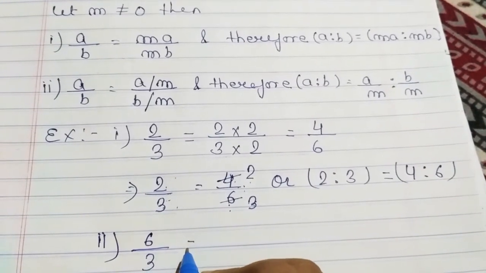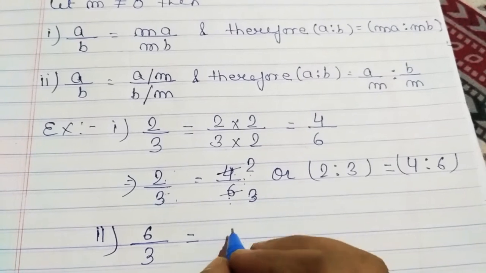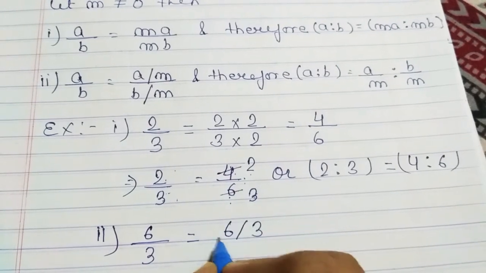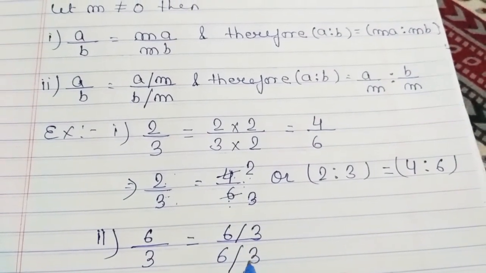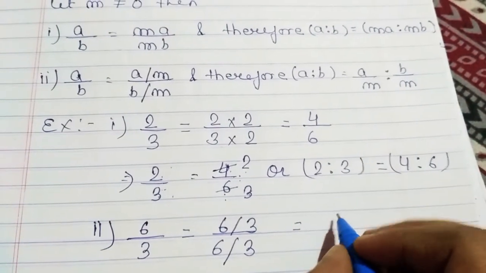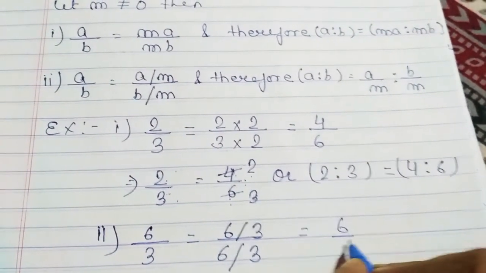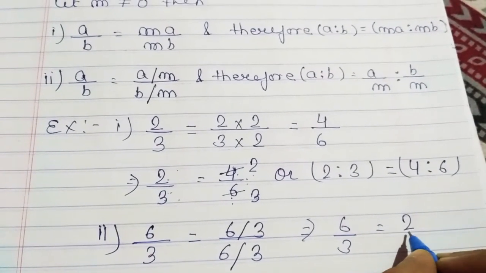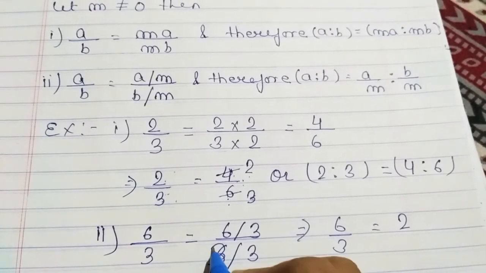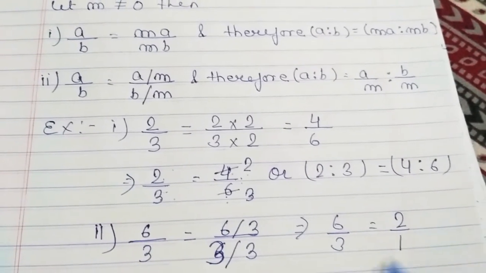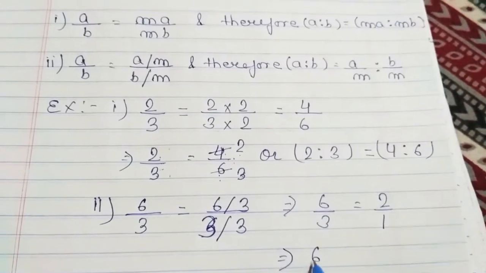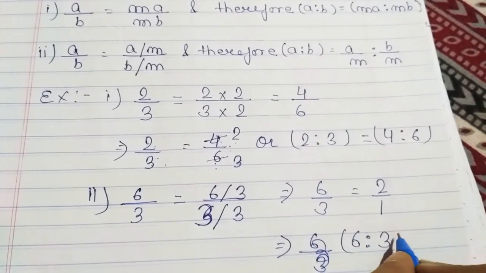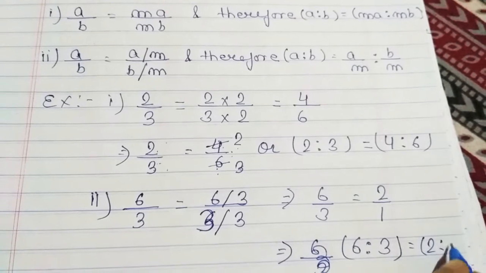When you divide it by 3, what will the new number be? 6 is to 3, divided by 3, gives 2 is to 1.